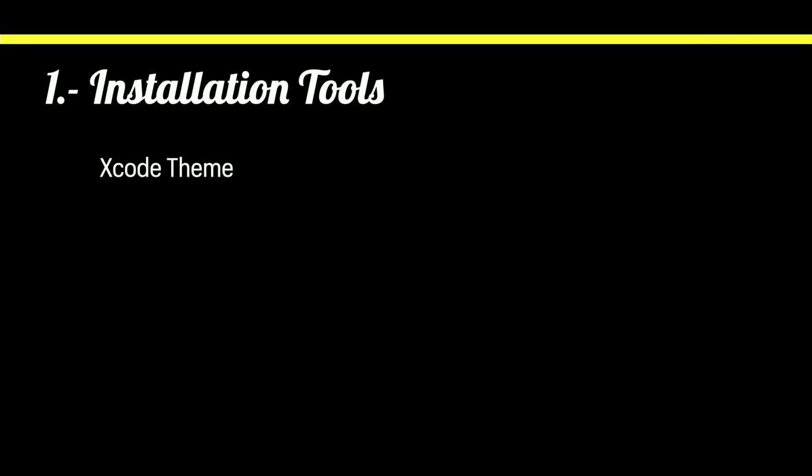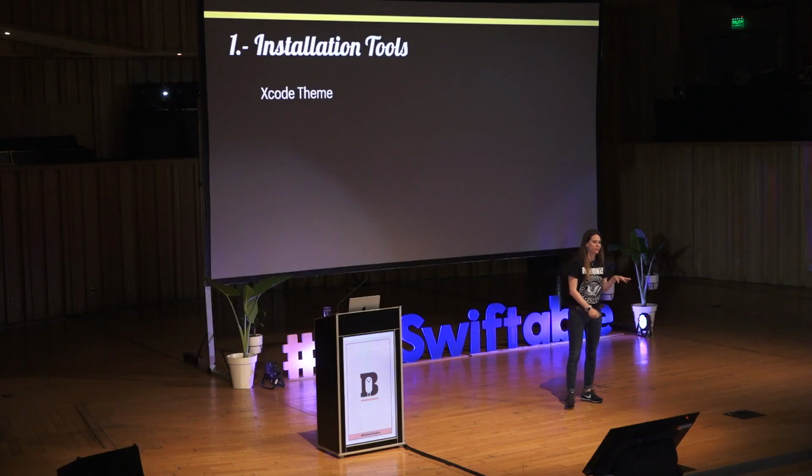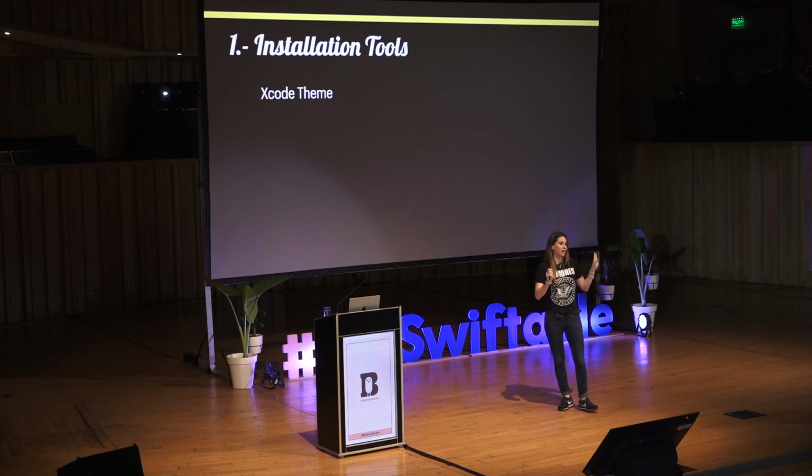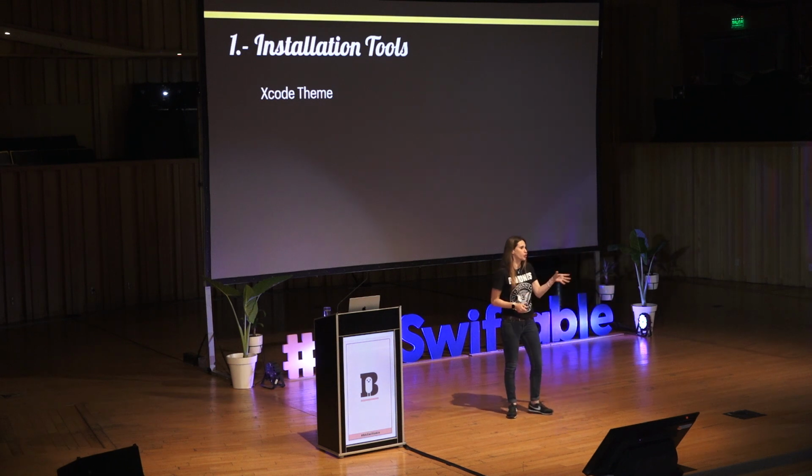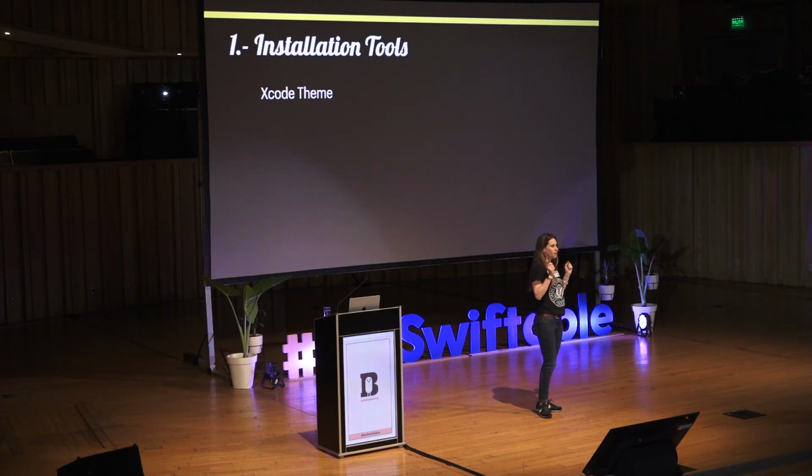After you install Xcode, imagine you have a new computer, or you switch jobs and you need to install everything again, and you already installed Xcode. The next step, I think, is customizing Xcode. Probably you have also cool fonts, colors, and there's a lot of things, snippets.